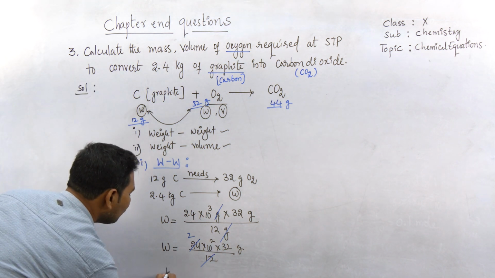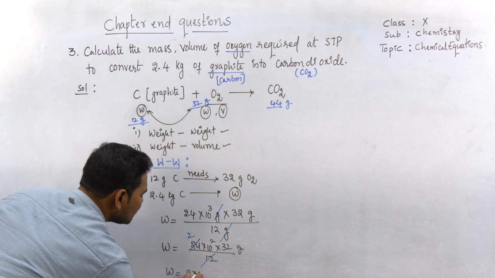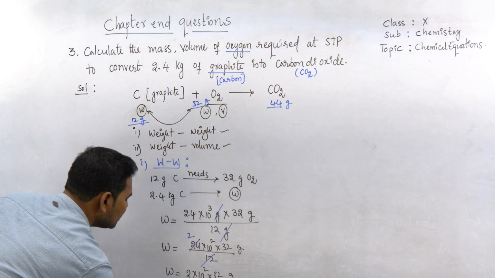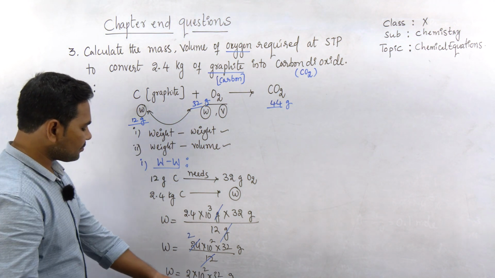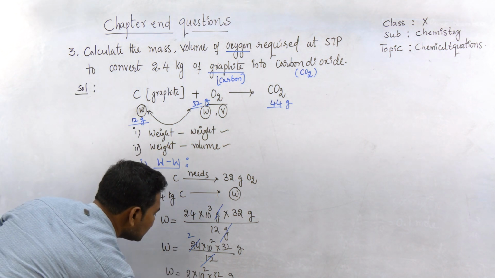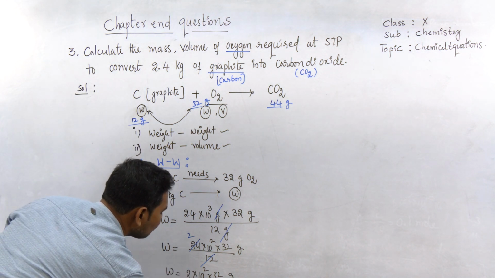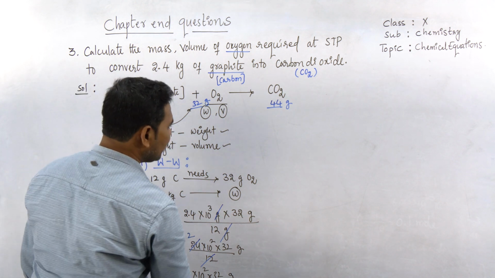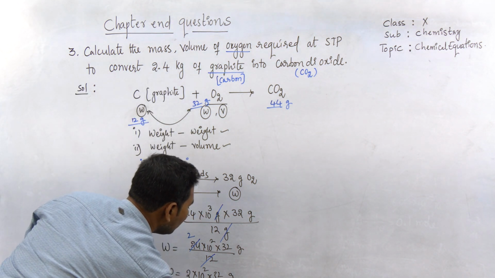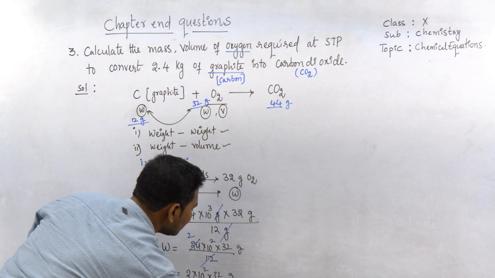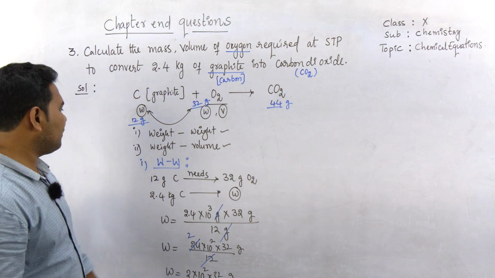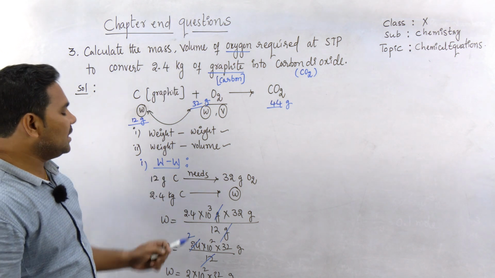Then weight is equal to 2 times 10 square times 32 grams. W is equal to 2 into 32, which is 64, so 64 into 10 square grams, and this can be written as 6.4 into 10 to the power 3 grams, which is nothing but 6.4 kg. 6.4 kg of oxygen is required, right?